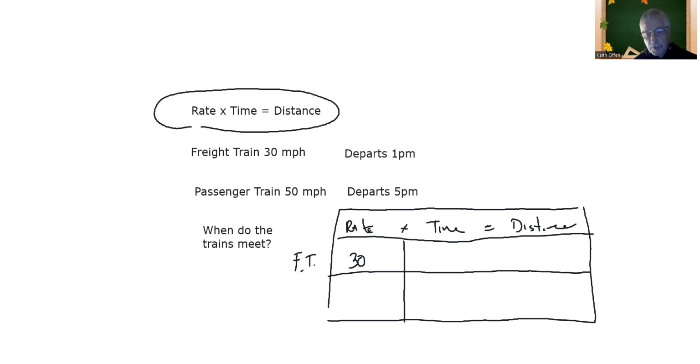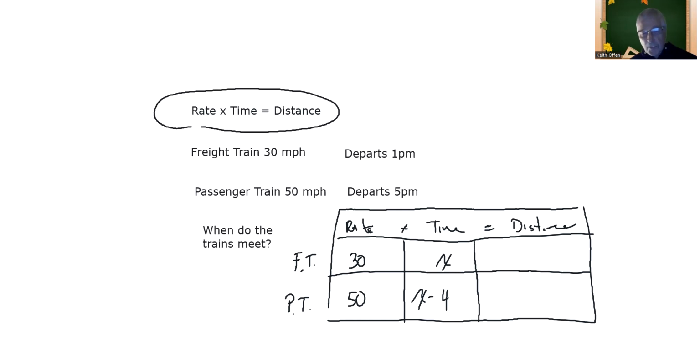Let's call the time X. And then the passenger train travels at 50 miles per hour, so the PT, or passenger train, traveling at 50, and its time is going to be less than the amount that the freight train is traveling. Actually, the difference between 5 and 1 is 4 hours. So we would have X, the time, minus 4 hours.